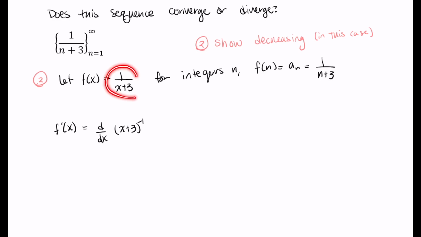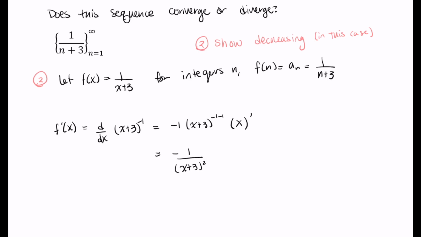All I've really done here is rewritten this. So this becomes negative 1 times x plus 3 to the negative 1 minus 1 power times the derivative of the inner function using the chain rule. In this case, it's just going to be 1. I could have skipped this, but I'm trying to be thorough here. And we end up with negative 1 over x plus 3 quantity squared.